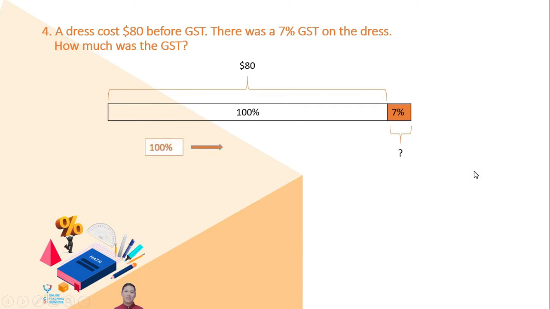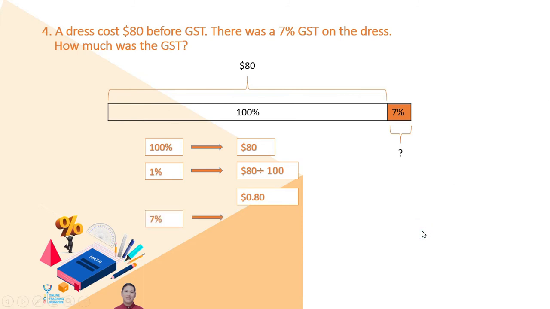If we calculate 100%, that is amounting to $80, and 1% is $80 divided by 100, and 1% is equivalent to $0.80. That would mean that 7% is equal to $0.80 times 7, and it will give us $5.60. So therefore, the GST was $5.60.